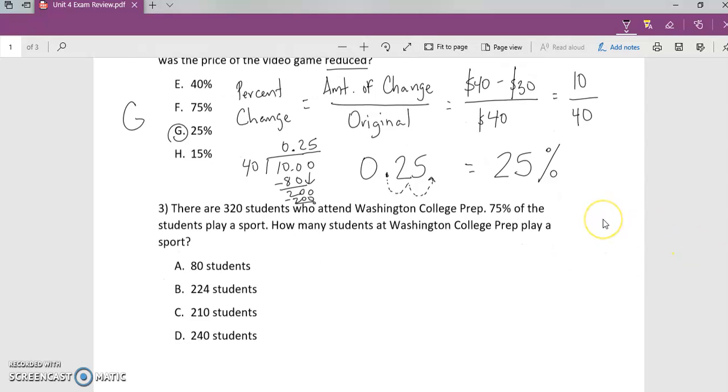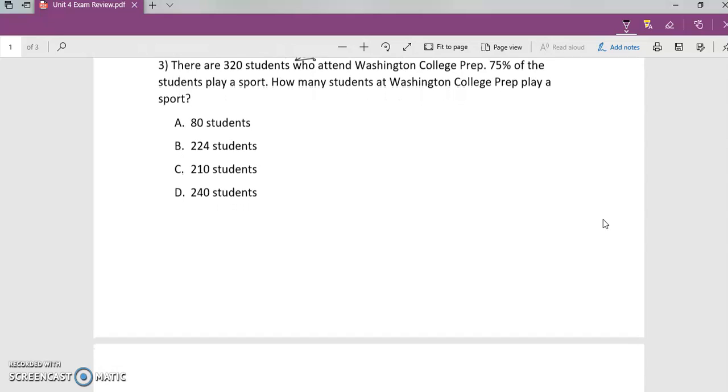Okay, moving on to the third problem. There are 320 students who attend Washington College Prep. So 320 total students there. 75% of them play a sport. So not all 320, but 75%. So how many students play a sport? That's what they want to know.